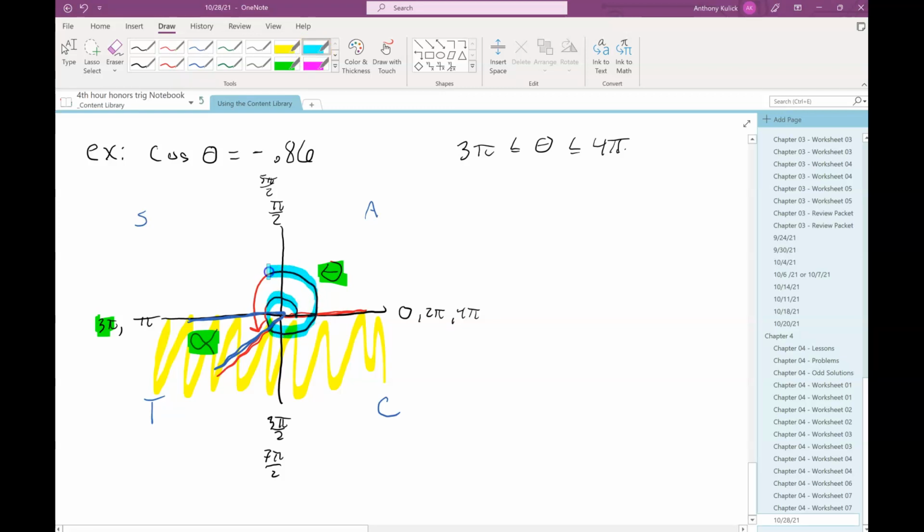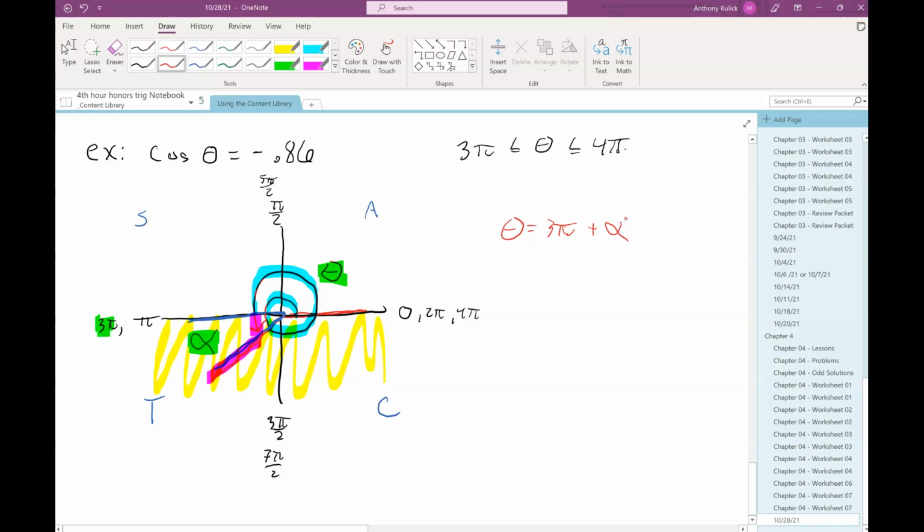So here to here is 3 pi. There to there is alpha. And that's ending at theta. Can we see that? So theta is 3 pi plus alpha.